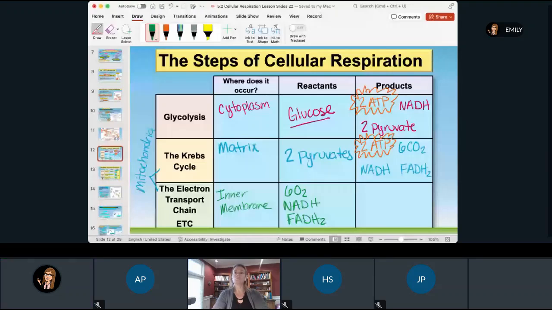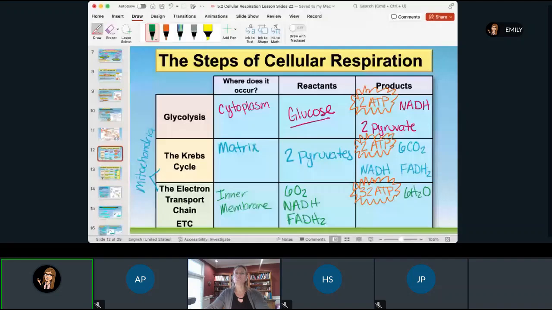Now, what 4 products, or what 4 outputs, do I get from the electron transport chain? Good, Serenity. Yes, I get 32 ATP molecules, which is really, really important. What else do I get? Good, I get water. So I get 6 water molecules, so 6 H2O.